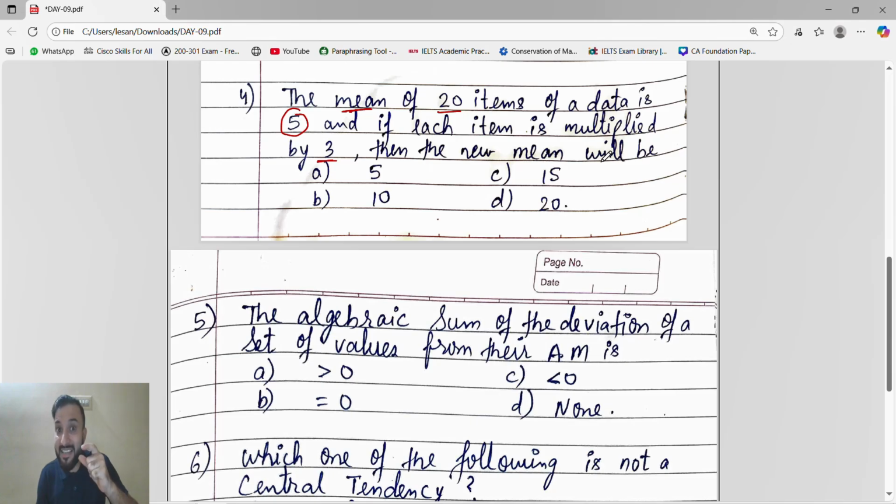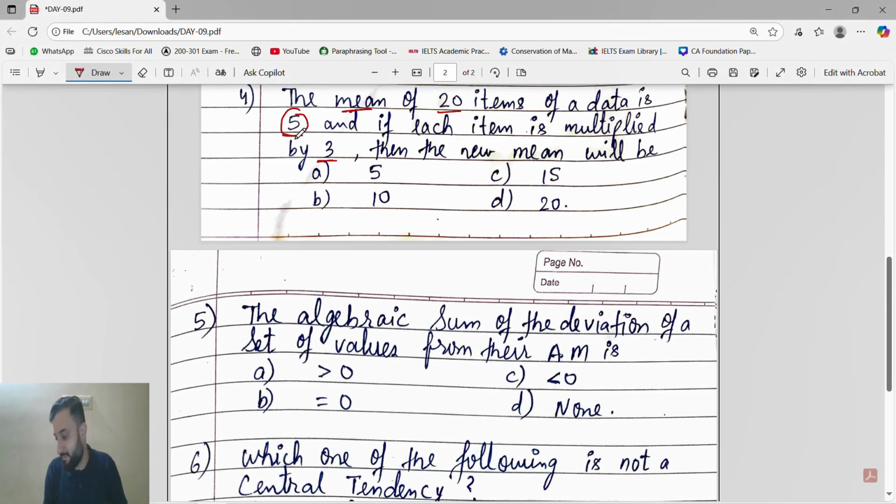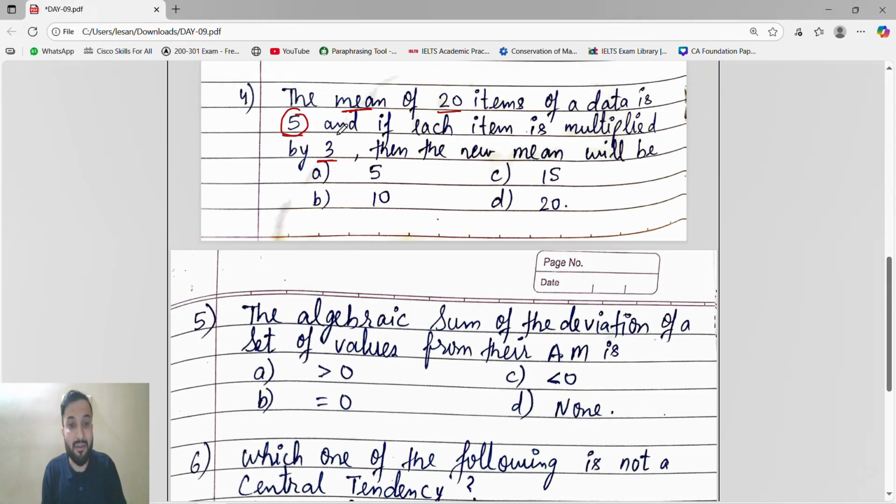So each item is multiplied by 3, so the mean will also multiply by 3. The mean is 5, so it will multiply by 3. So 5 threes are 15.